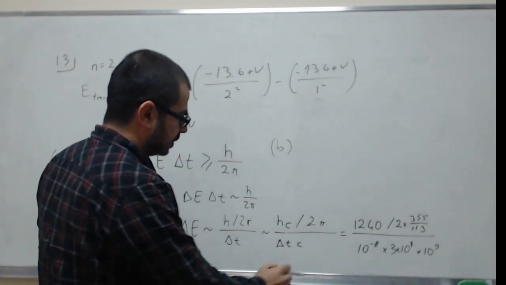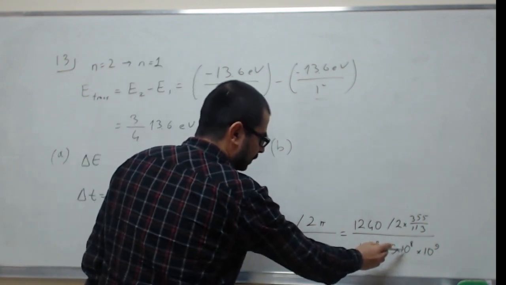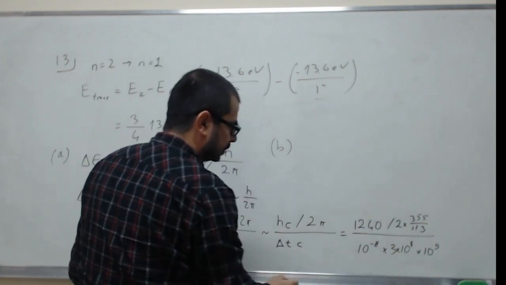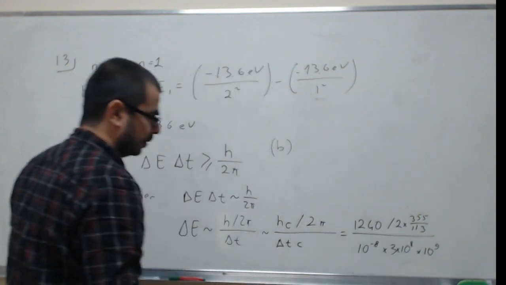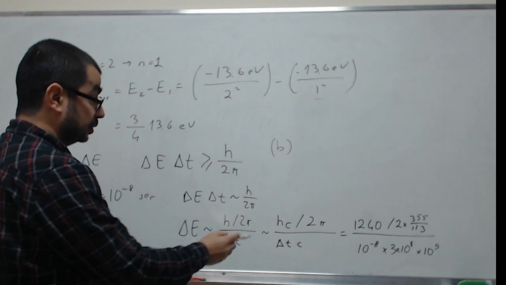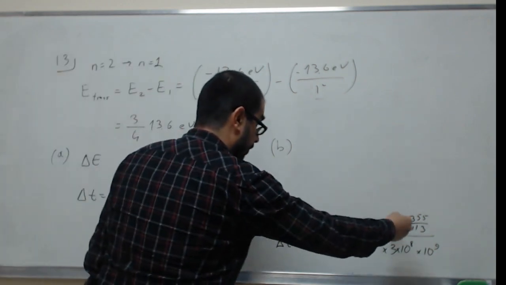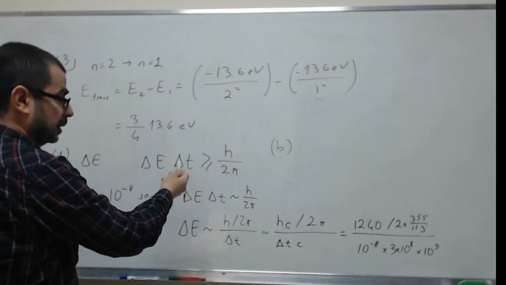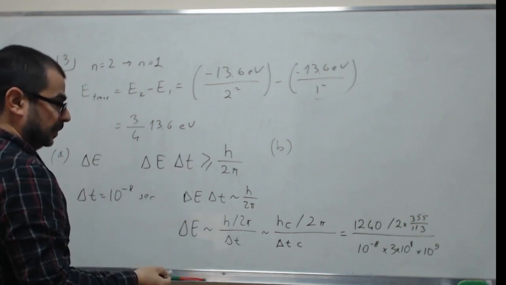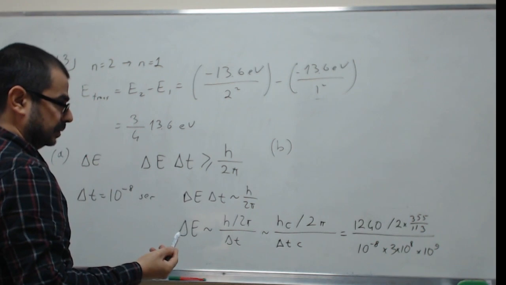Okay, so this 10 to the minus 8 cancels this 10 to the 8. These are of order, let's say, unity. This is like 100 or so, but in the denominator we have 10 to the 9. So this is going to be a very small number in electron volts. And since this is of order 10 electron volts or so, this is going to be a tiny fraction. Like it's 1 part in a billion or so.